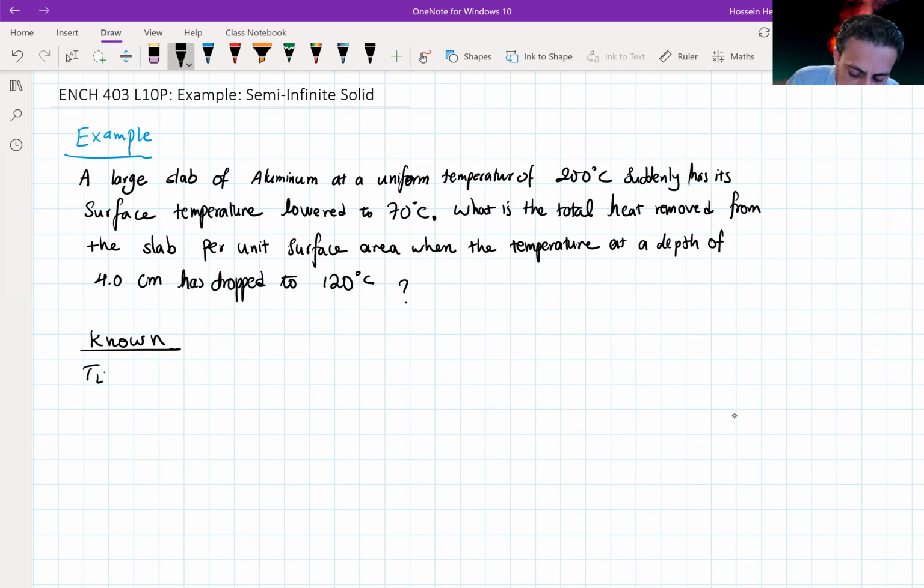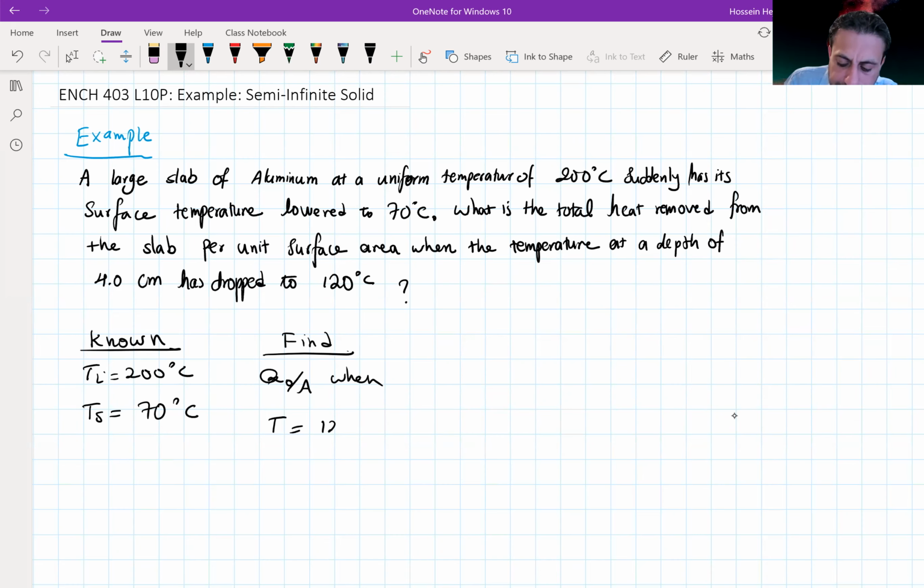The initial temperature is 200 degrees C. The surface temperature is dropped to 70 degrees C. We have been asked to find Q0 over A when the temperature is 120 degrees C at x equal to 4 centimeters, where Q is the total heat transferred.